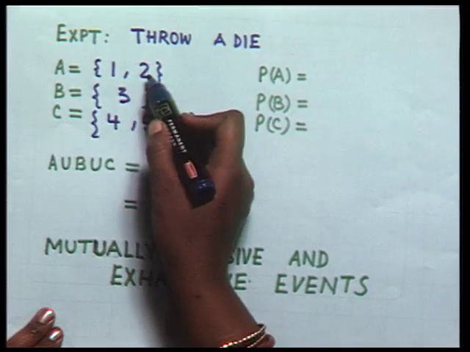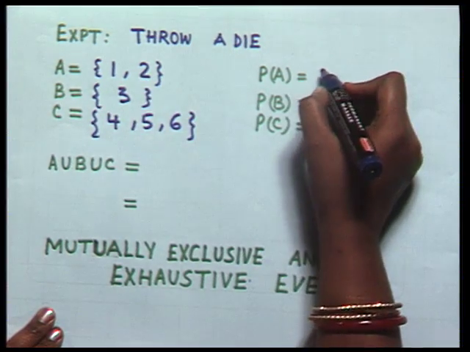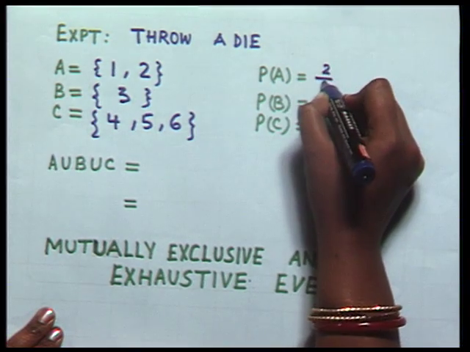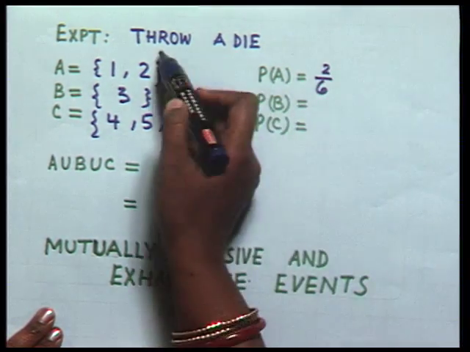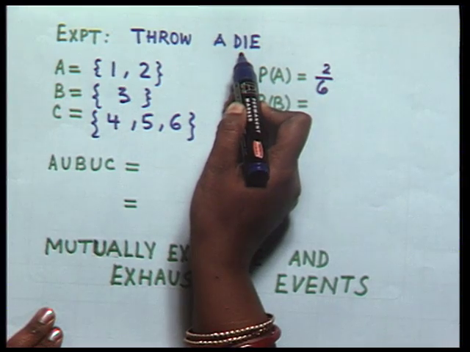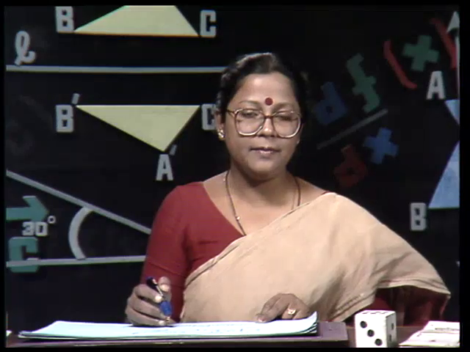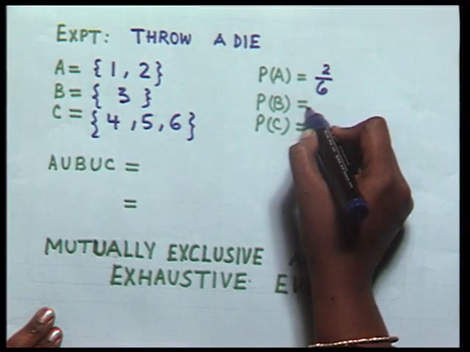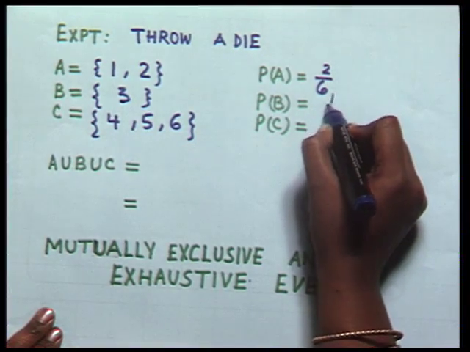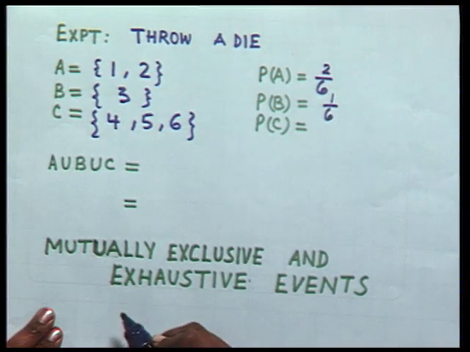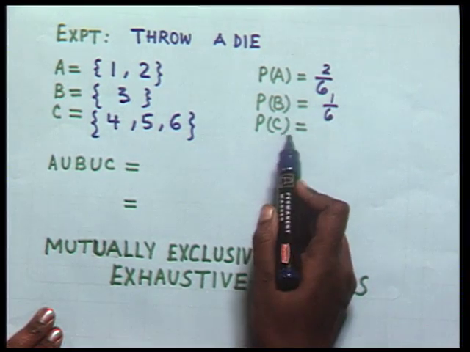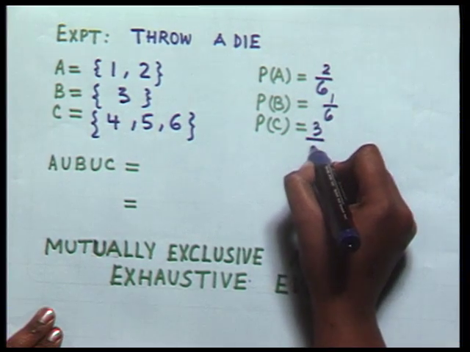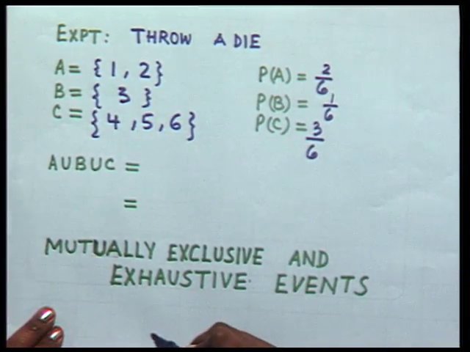Now, since event A has only 2 favorable outcomes, the probability of event A is 2 upon 6, since this experiment, that is throwing a die, has 6 elements in its sample space. Similarly, the probability of event B will be 1 upon 6, and the probability of event C is equal to 3 upon 6.